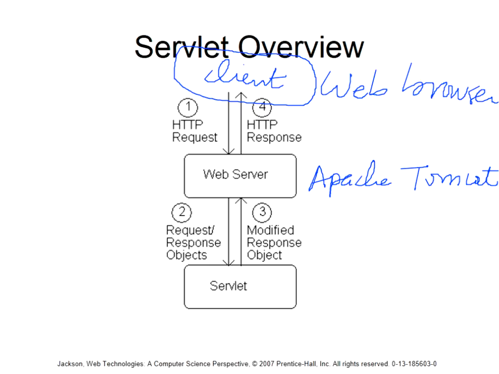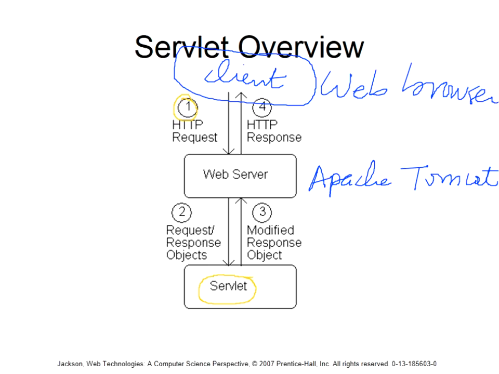So our client sent an HTTP request to our web server, and this request is to execute a particular servlet. So the web server also sends the request and response objects. The servlet processes the request and creates or modifies the response object.